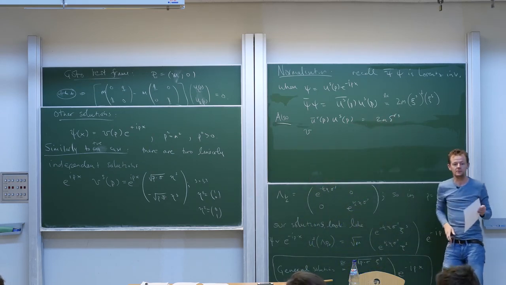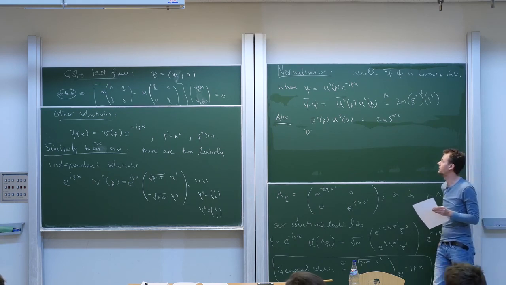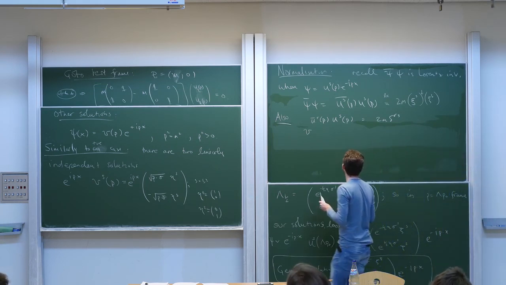It's not hard to see that u_r bar p, u_s p is equal to this Kronecker delta.